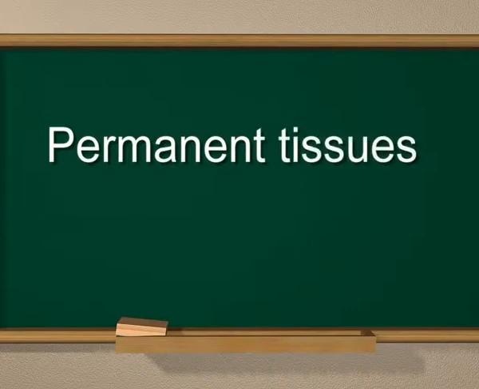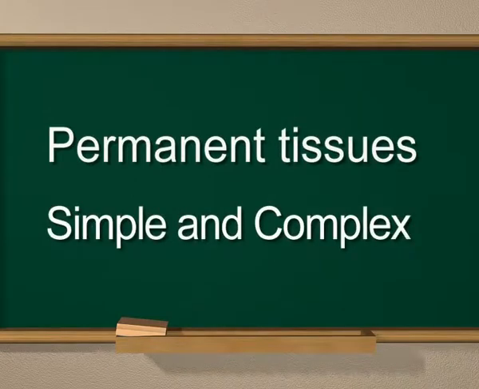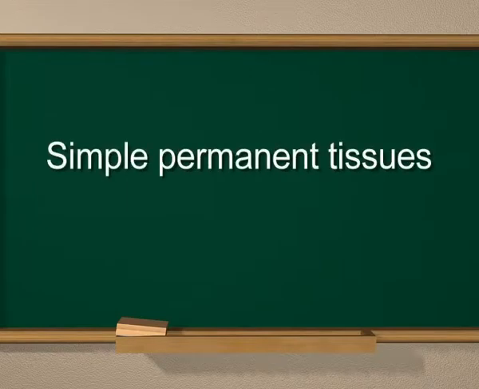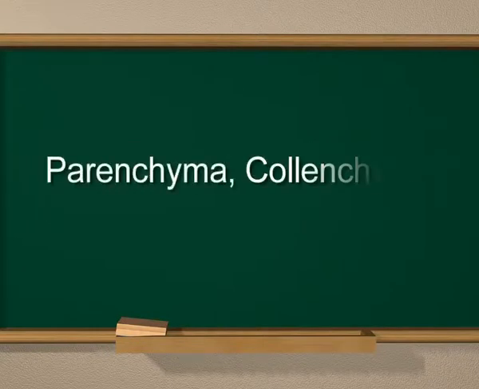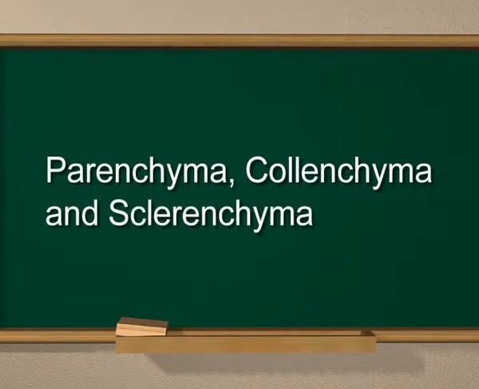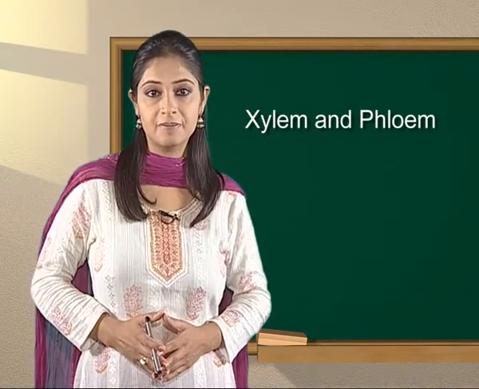The permanent tissues may be simple and complex. Simple permanent tissues consist of a single type of cells, whereas complex permanent tissues consist of more than one type of cells. Parenchyma, collenchyma, and sclerenchyma are types of simple permanent tissues. Xylem and phloem are complex permanent tissues.